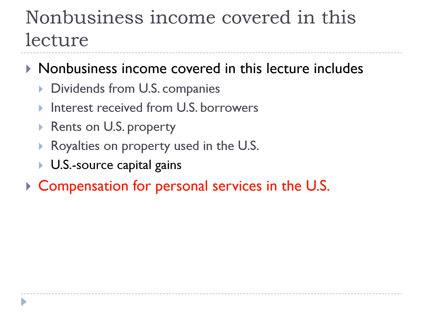We also cover compensation for personal services performed in the United States, which is included in the types of income described as FDAP income, but is ordinarily taxed as effectively connected income.